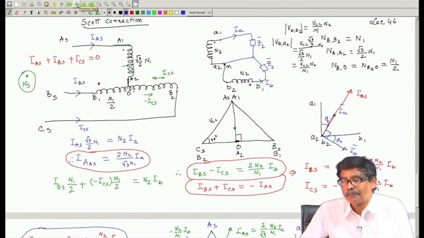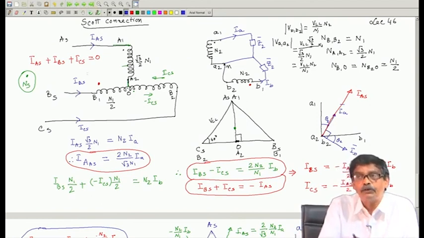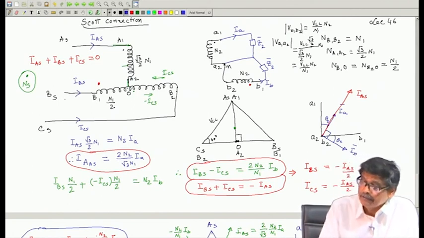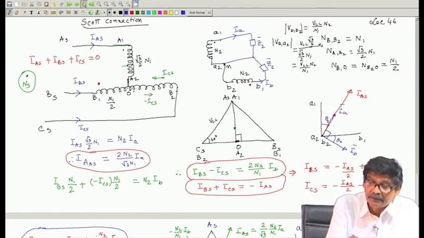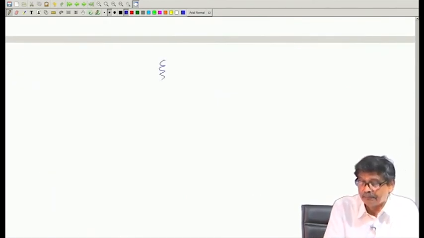Suppose I plan to apply a two phase voltage to this side, shall I get a balanced three phase output voltage on this side? This you please explore. Got the point? What I am telling is that in the reverse way it will work.